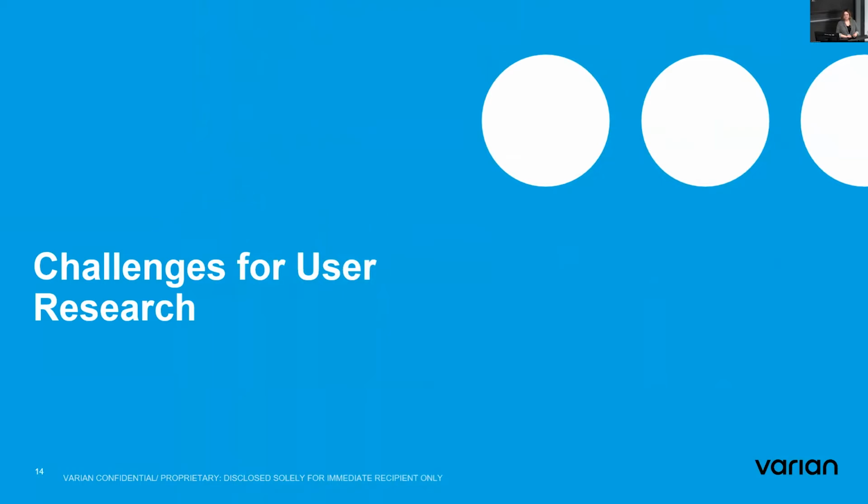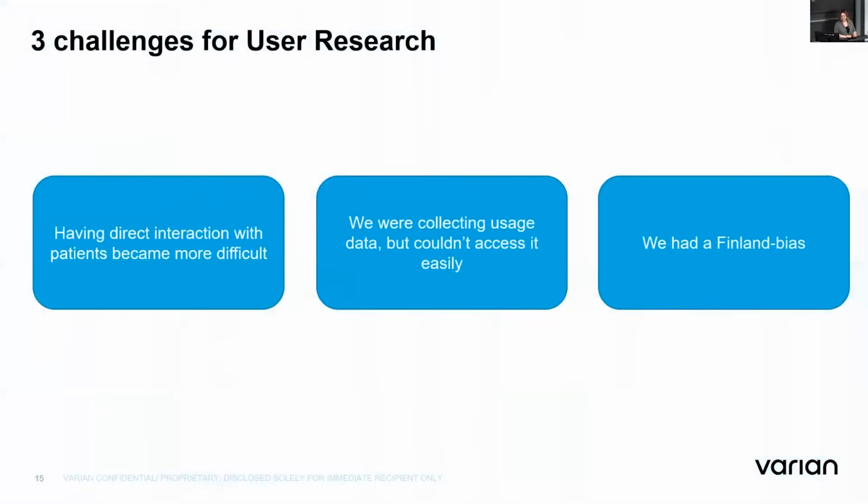So what challenges did we face for user research in that type of context with this fast growing patient user base? Three challenges. The first one is that having this direct interaction with the patients that we had at the beginning became more difficult for various reasons, such as the clinics being protective of their patients, thinking that we don't want to bother them.